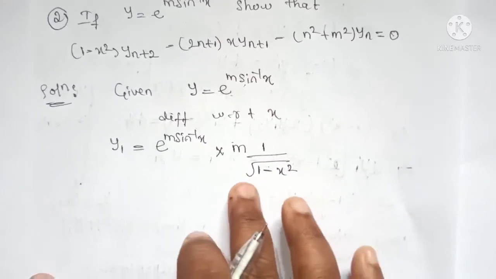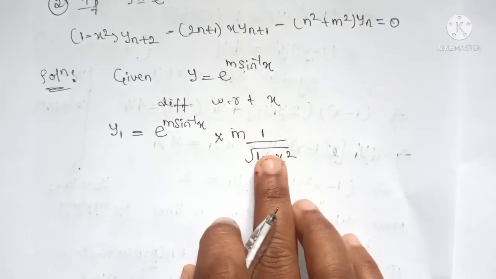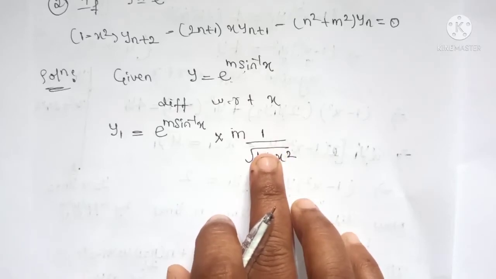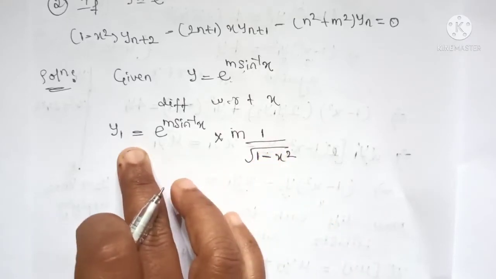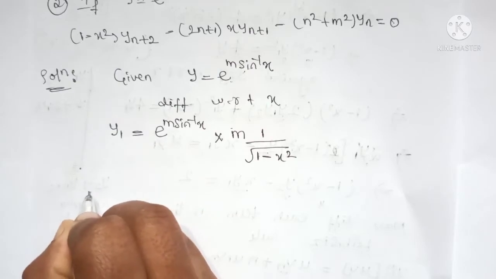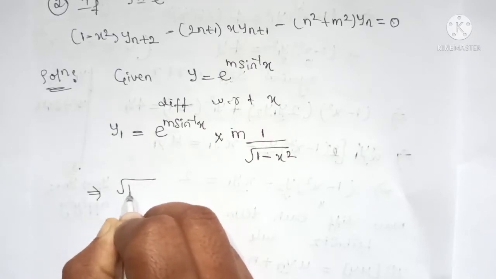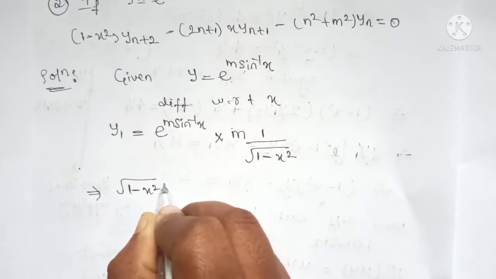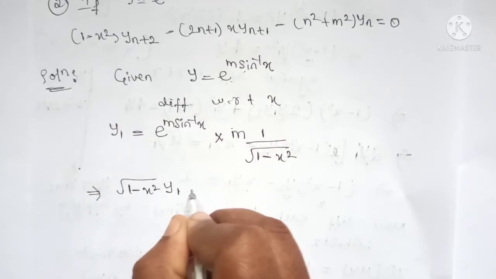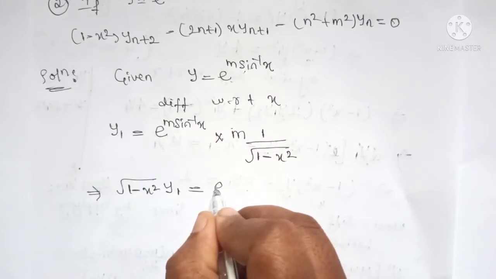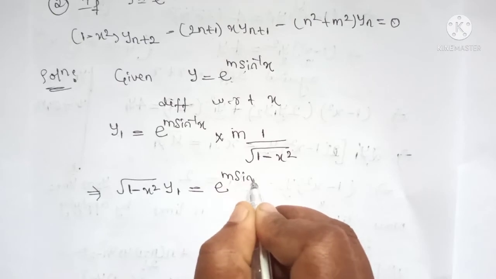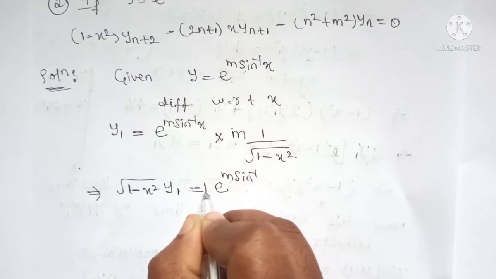Okay, so here we got the denominator in the fraction, so always send this denominator to the LHS. You will get square root of 1 minus x square into y1 equals to e raised to m sine inverse x as it is into this m.